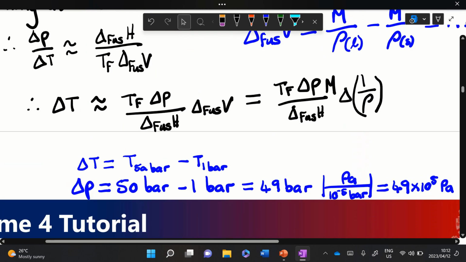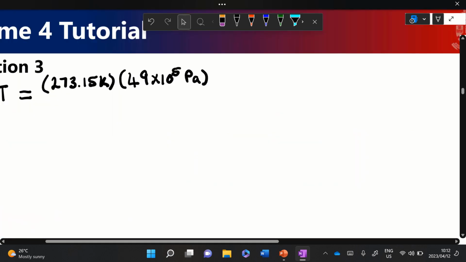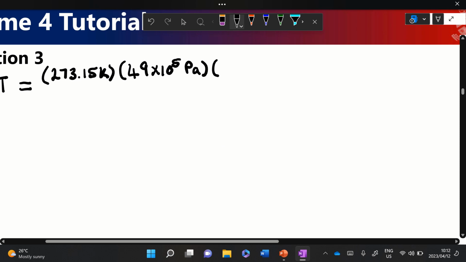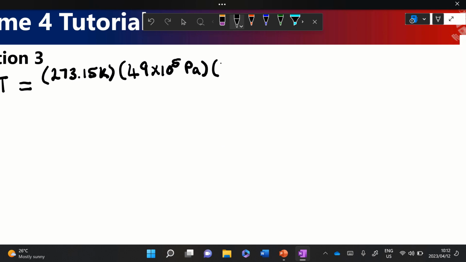And then we have our molar mass, right? Molar mass of water, H2O, is around 18 times 10 to the minus 3 kilogram, because we're working here with joule and whatnot, so we have to use kilogram per mole.